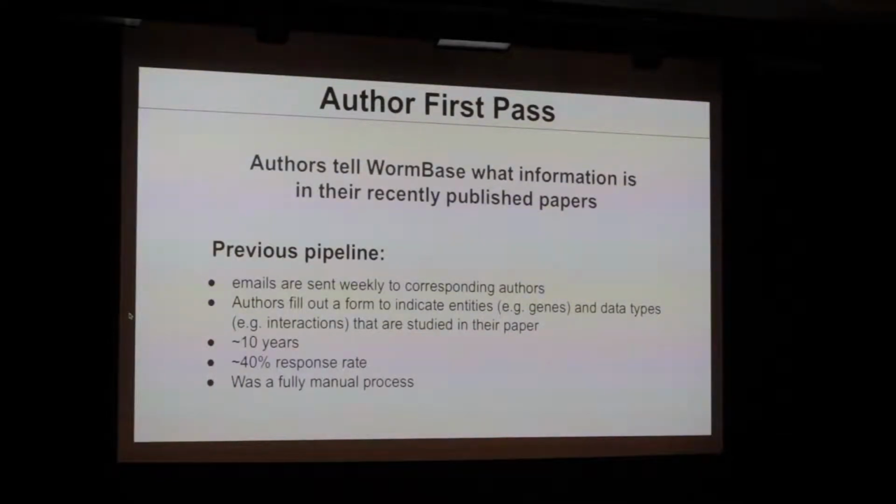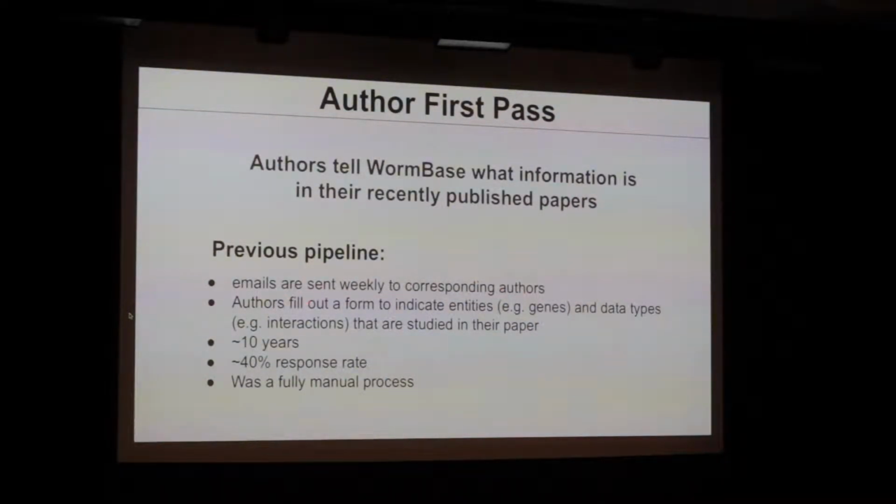Okay, so firstly, author First Pass. This is a pipeline we've had in place at WormBase for almost 10 years. This is where authors tell us what type of information and what kinds of entities are in your recently published papers.